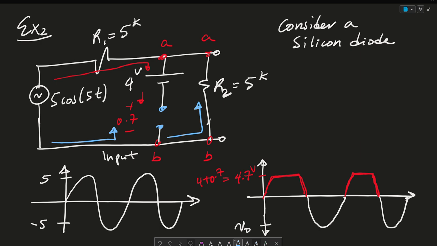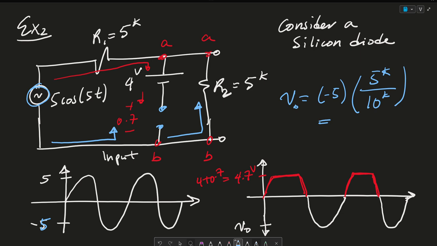And again, this becomes a voltage divider circuit where V out is equal to -5, because it's seeing the voltage at this point as a -5, times 5K over 5K plus 5K, so over 10K.